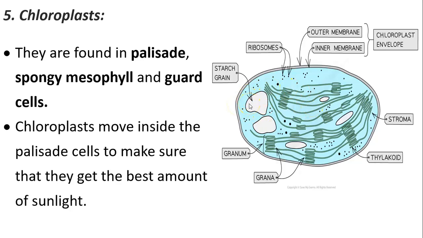Because it's the product of photosynthesis, and ribosomes are responsible for any proteins needed in this process. Also, you will see the outer and the inner membranes. This means that the chloroplast has two membranes, inner membrane and outer membrane. So these are the structures of our chloroplasts.